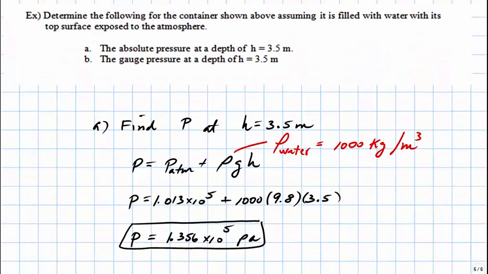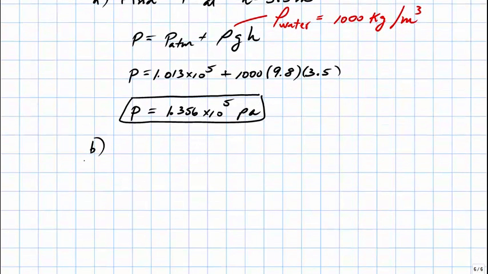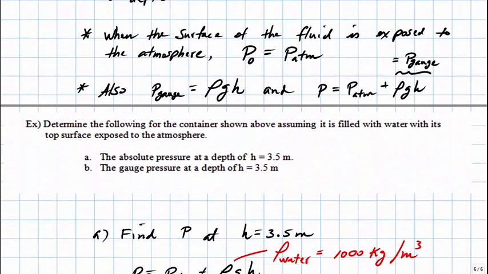In part B, we would like to determine the gauge pressure at a depth of 3.5 meters. The gauge pressure may be determined through this relationship.